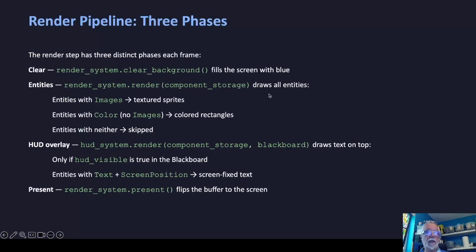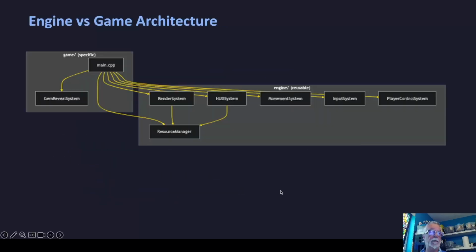Notice that we're searching for these entities, not hard coding them, so that's why it's a general one. Then our HUD overlay is going to look first to see are we visible? If so, we look for entities that have the text and screen position, and then we present the buffer to the screen at the end of that.